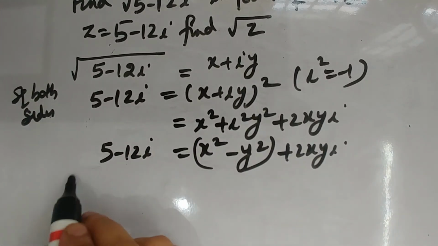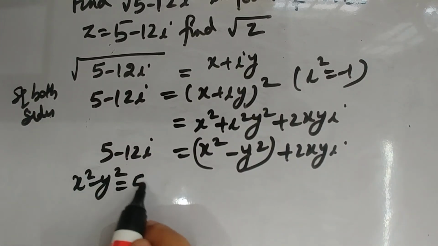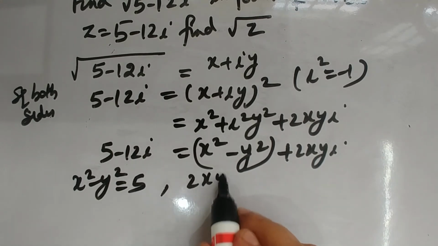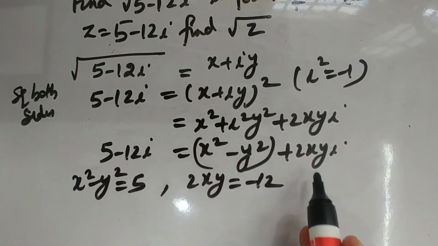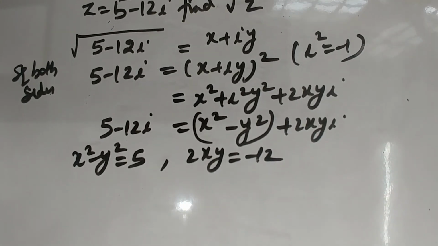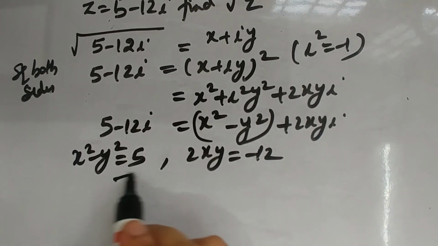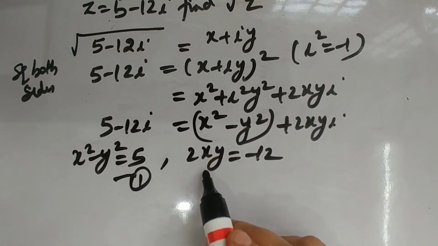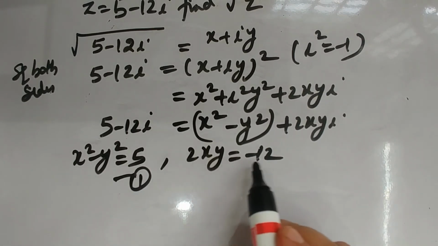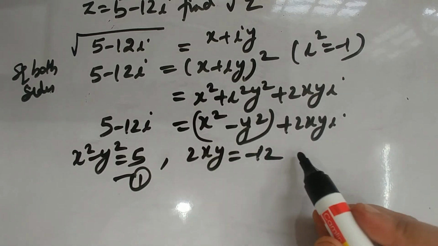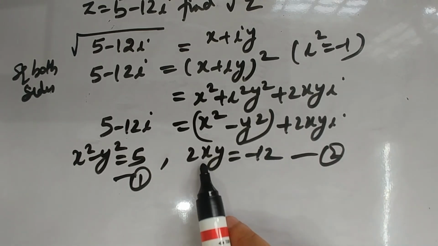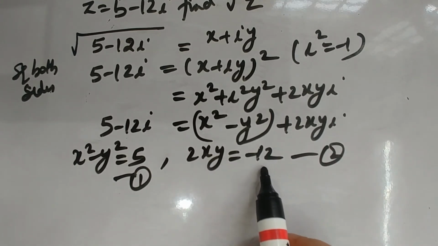Now by the equality of complex numbers, x square minus y square is equal to 5 and 2xy is equal to minus 12. Don't take it with iota, because I am just comparing the parts. Now this is the crucial thing: 2xy equal to minus 12 will help me. The product of x and y is negative.